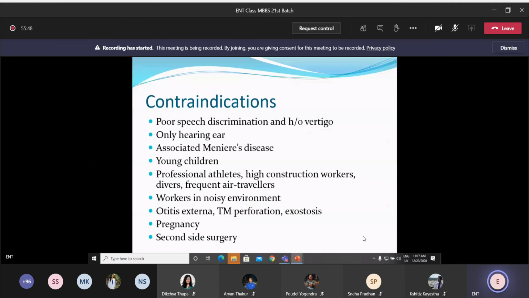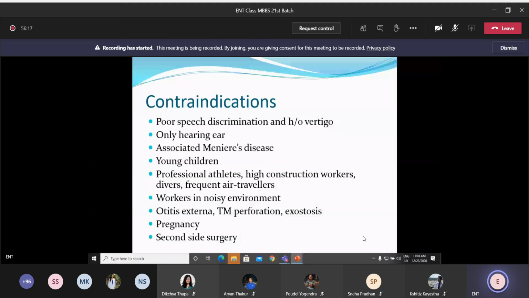Now, what are the contraindications? Again, poor speech discrimination, only hearing ear, if it's associated with Meniere's disease, very young children, professionals like athletes, people who work in construction, drivers, frequent air travelers, so you have to be careful if you decide to do it.